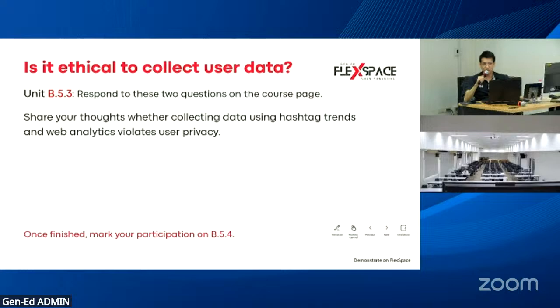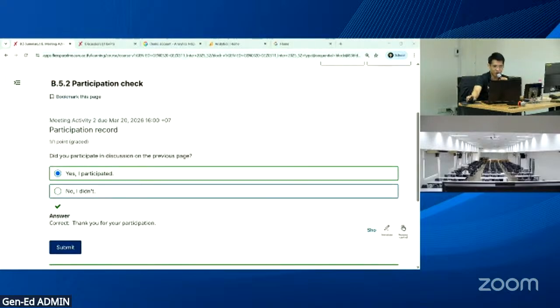In Unit B.5.3, respond to 2 questions on the course page. Share your thoughts whether collecting data using hashtag trends and web analytics violates user privacy. Do you think you have the right to collect user data using web analytics, or use the hashtag trends? Does that violate user privacy? Does that raise concern among customers that you are collecting that data? Okay, Unit B.5.3. Let's go for that topic.